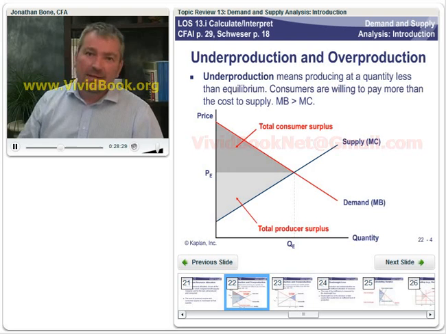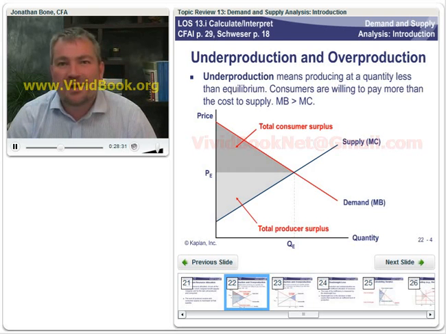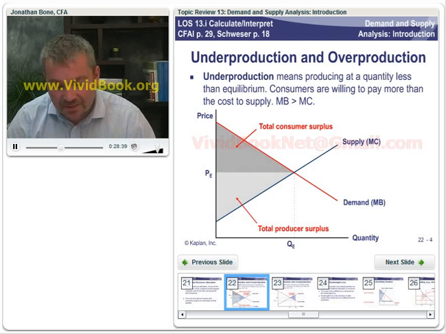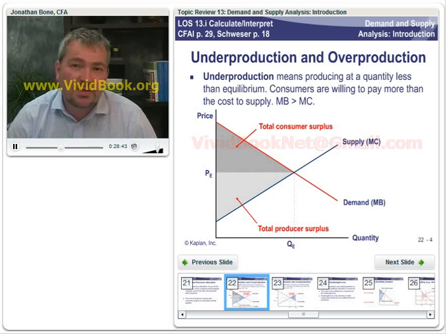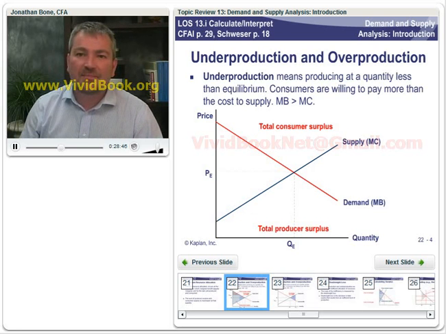Now, let's have a look at the impact of over and under production. So we're starting at a point where we're at equilibrium. Here we're going to look at underproduction first of all. With underproduction, the quantity produced in the marketplace will be less than the equilibrium level. So there we go, shifting back.